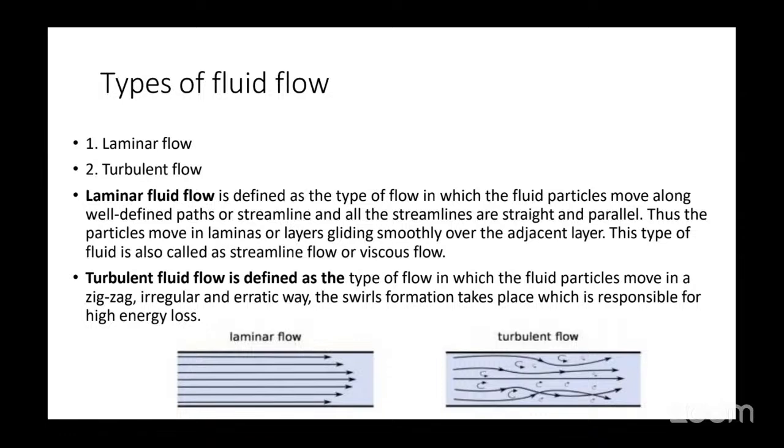Now, the second type of flow is turbulent flow. A turbulent flow is defined as a type of flow in which the fluid particles move in a zigzag, irregular, and erratic manner. The second diagram there shows a turbulent flow.